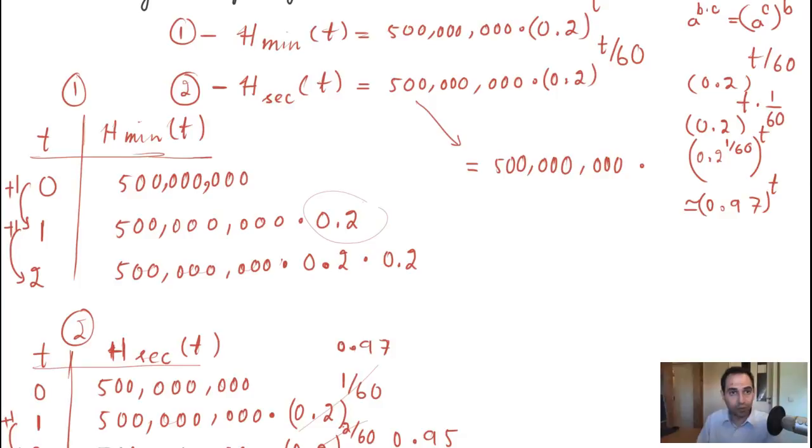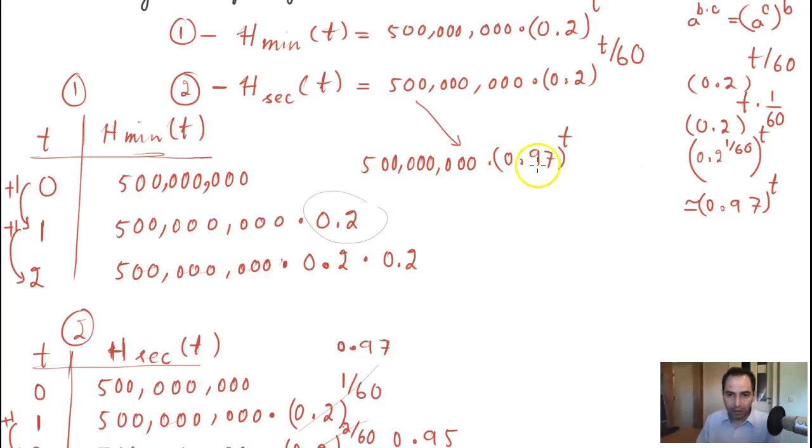So what I'm going to do here now is erase this, and then I can rewrite this function as 500 million times 0.97 raised to the power t. And so now this becomes your common ratio. Every time you increment t here, one factor of 0.97 is being multiplied by the output of your function.